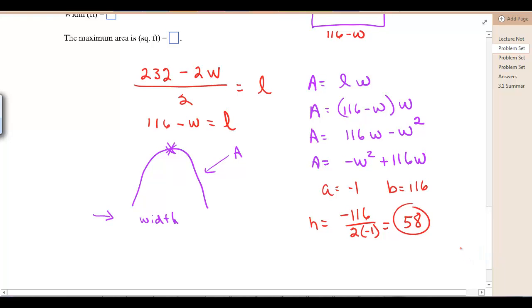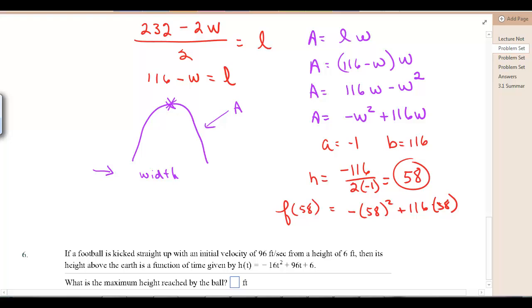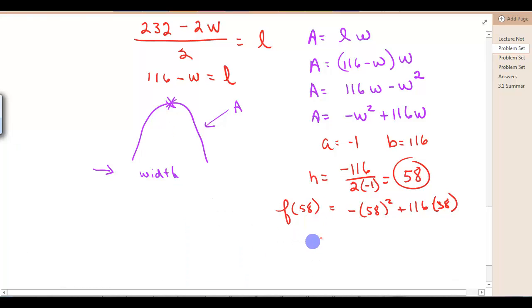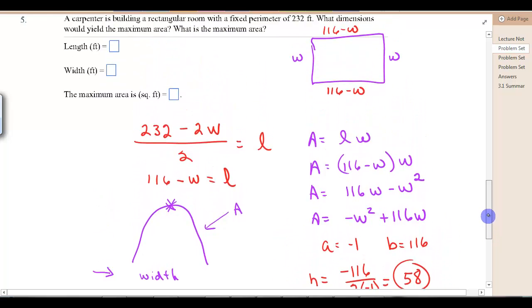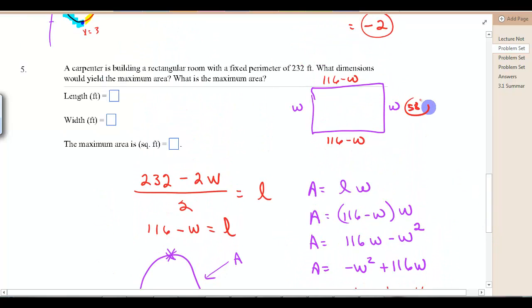And then I need the area, which is the y part, so f of 58 is equal to negative 58 squared plus 1/16 times 58, and if I do that all out, I'm going to get 3364. All right, if 58 is my width, then 1/16 minus 58 would give me my length, which is also 58.